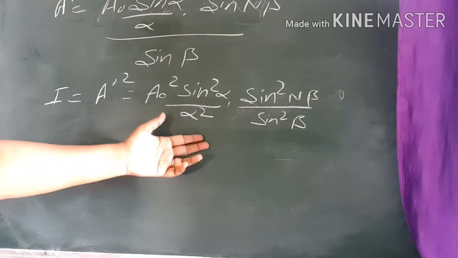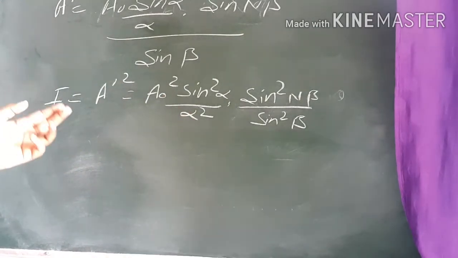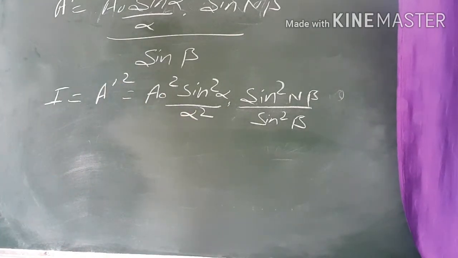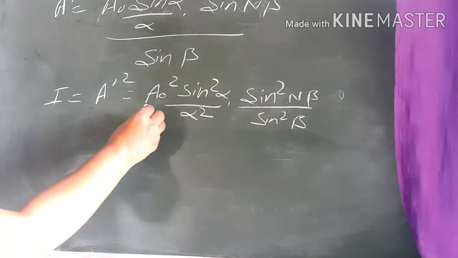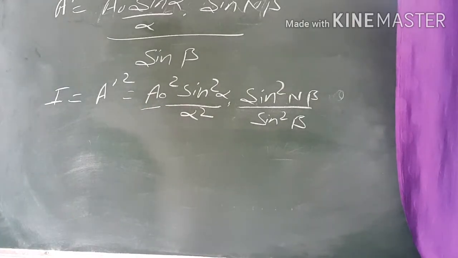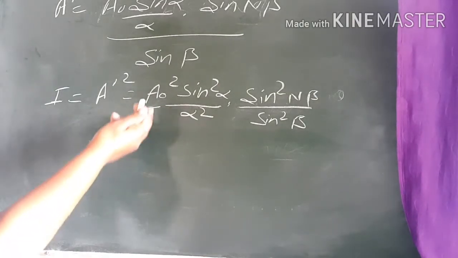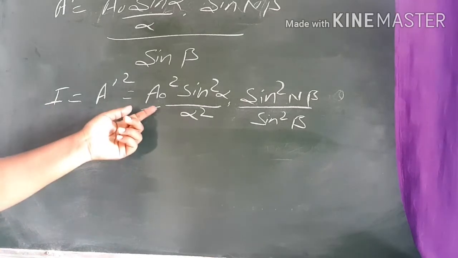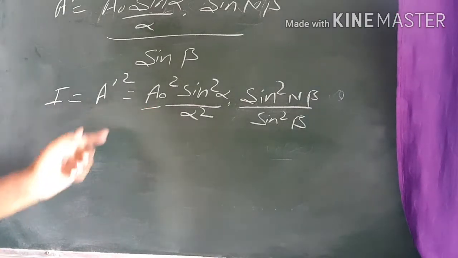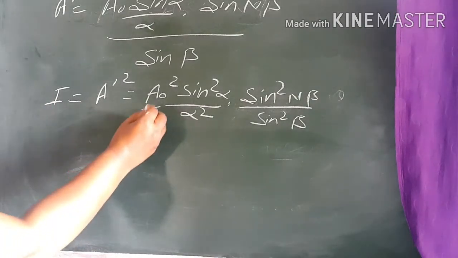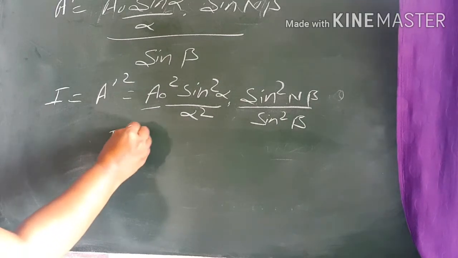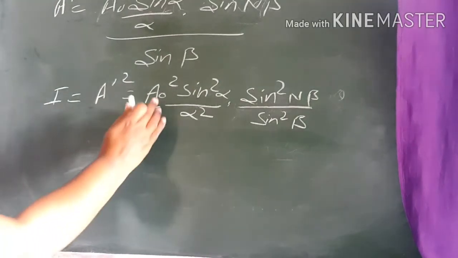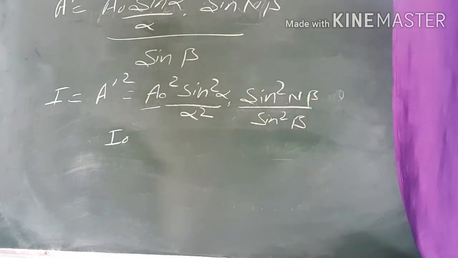This is the intensity at any point Q which is away from the center O. Now this is the maximum intensity, the amplitude of the rays which are going without diffraction, and the intensity corresponding to this is I naught, or A naught square.